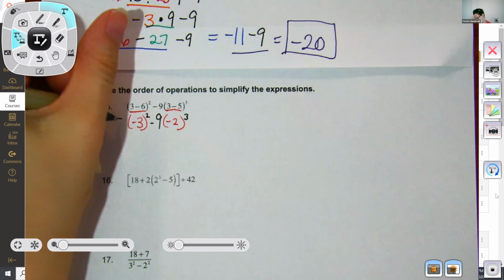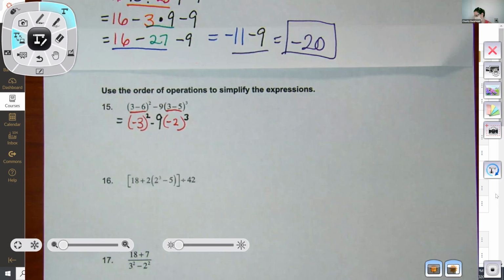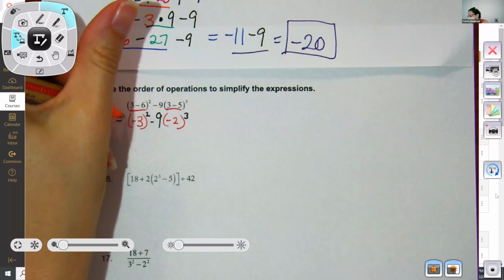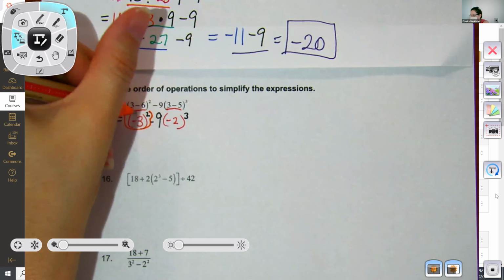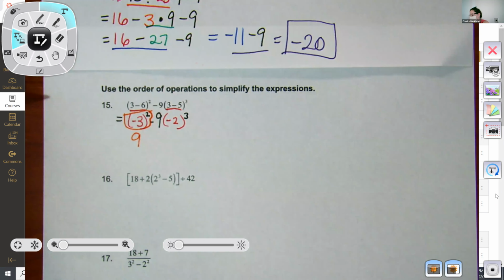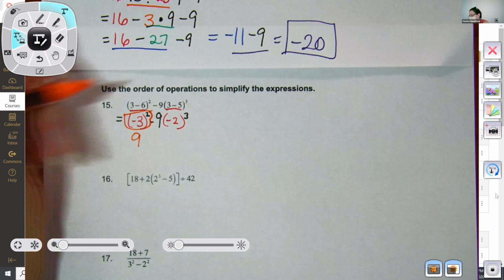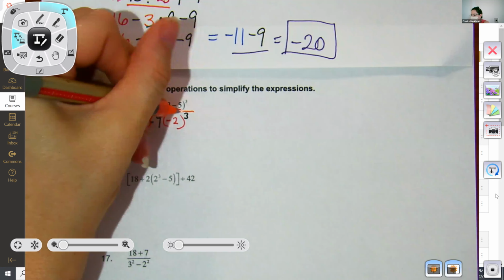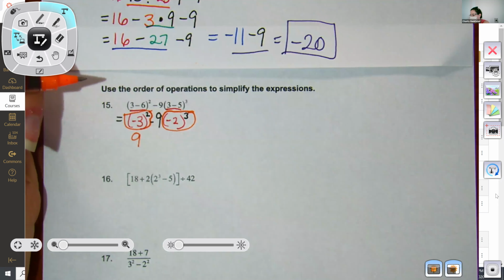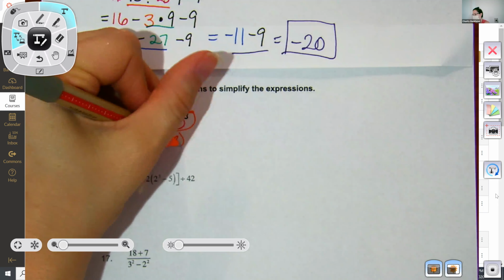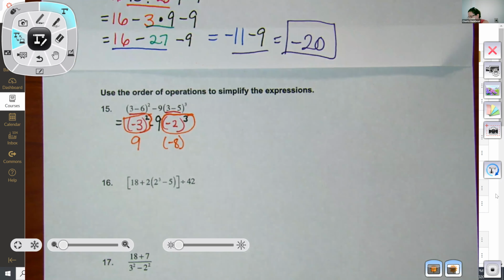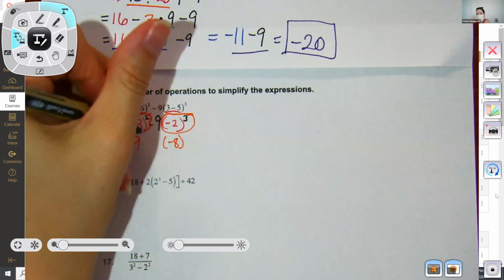All right, so now I got to do the exponents. So negative 3 squared, negative 3 times negative 3 would equal positive 9. And then negative 2 to the third power is going to equal negative 8. So I have 9 minus 9 times negative 8.